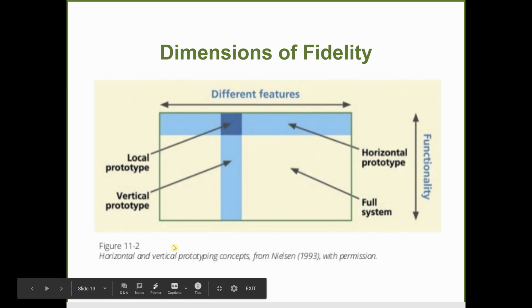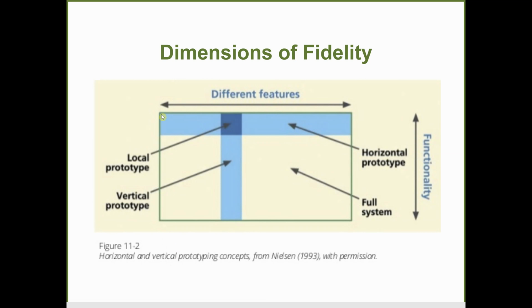So in this diagram, you can see the other two dimensions of fidelity: functionality and features. You need to understand that it increases horizontally in this direction and increases vertically in this direction. When you are in this corner, your prototypes are going to have very few features and very low functionality.